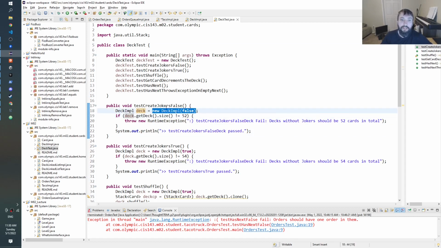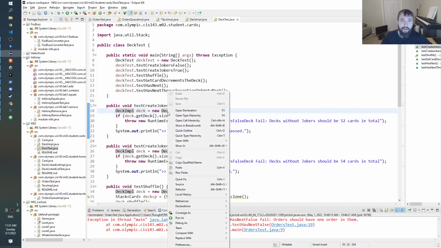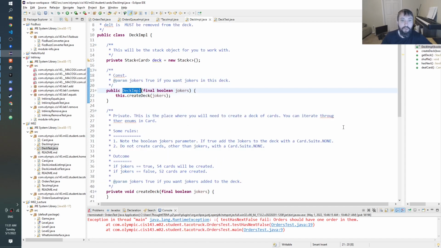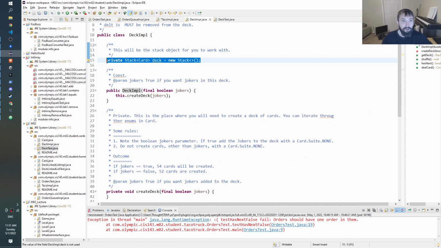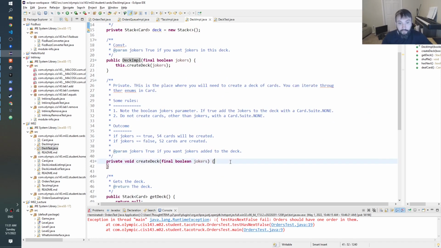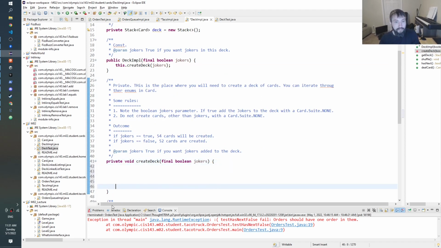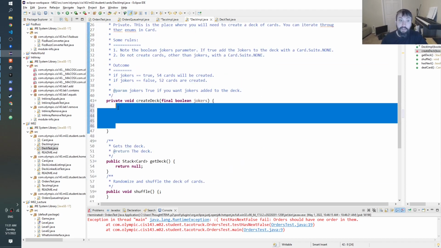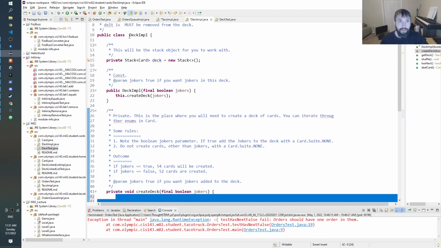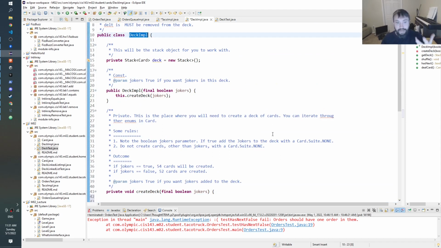So here, constructing some data, and if we hop into DeckImpl, we should see that it's another sort of data structuring class. However, anyone who wrote this createDeck method knows that there's definitely some amount of algorithm you have to go through in order to construct a deck of cards data structure.